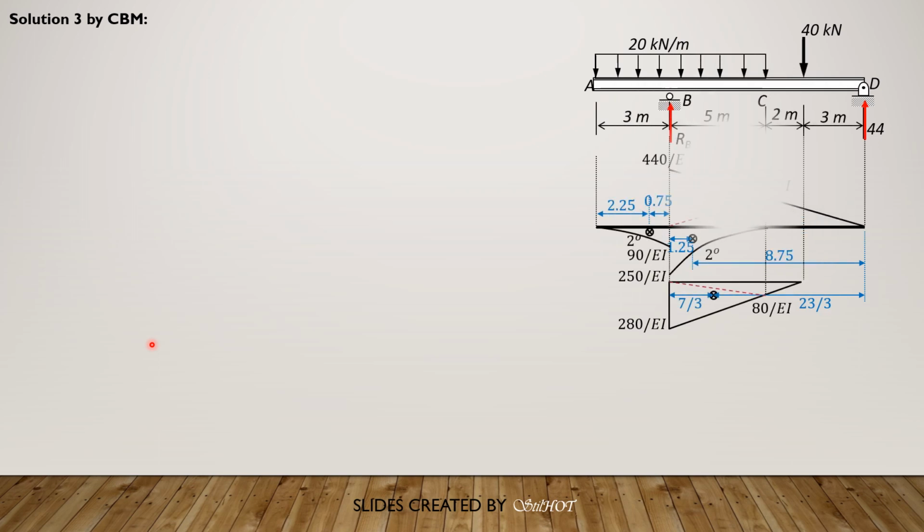So we copy the moment diagram by parts from area moment, then let's modify the supports. A becomes fixed, B becomes an interior pin or hinge, and D remains the same, a pin. Since BD is the simply supported portion of this beam, let's consider BD.